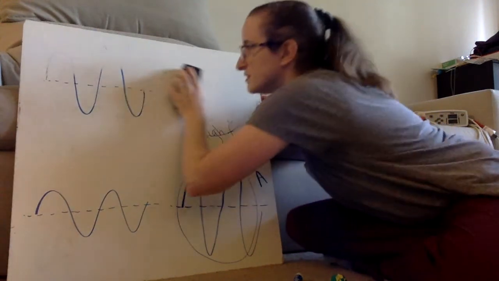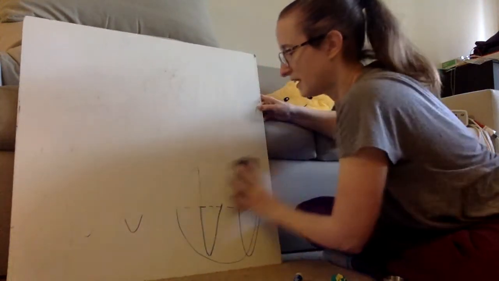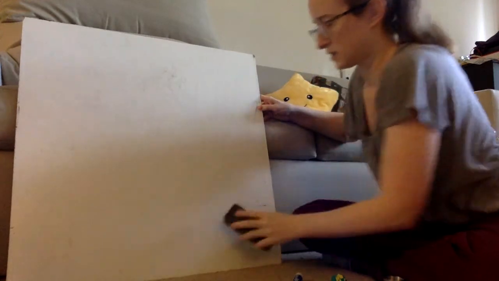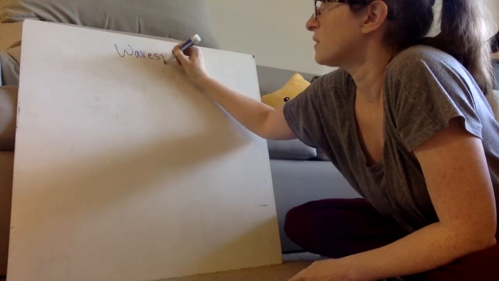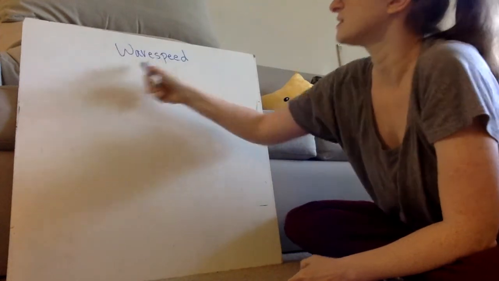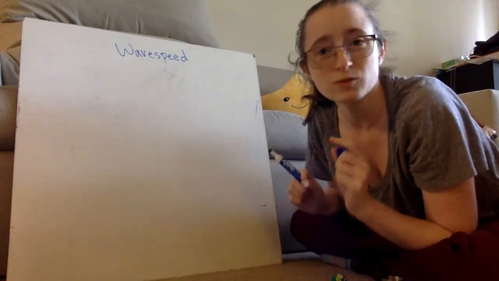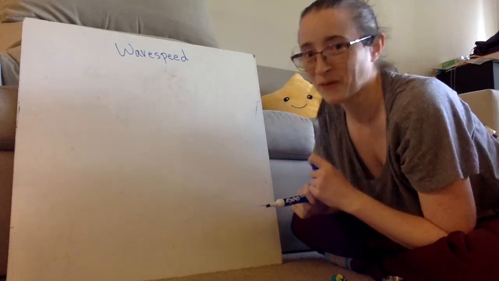But what most of this is about is how to calculate wave speed. Google keeps telling me that I'm spelling it wrong because it says it should be 2 words. Google is wrong. The textbooks spell it as 1 word.